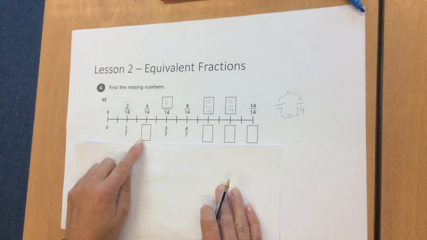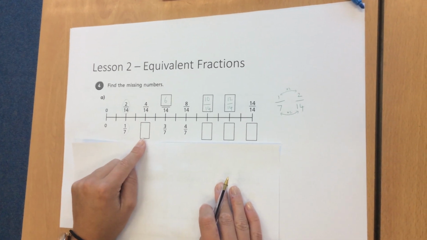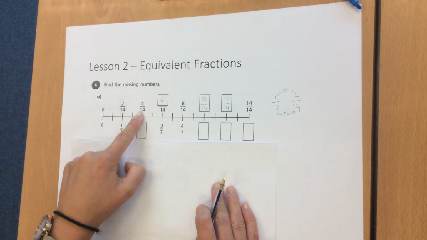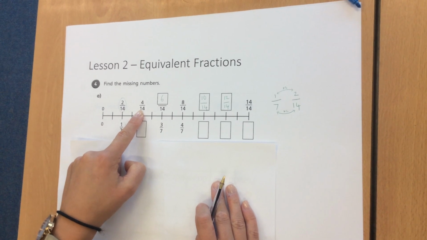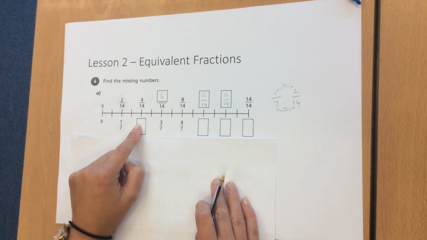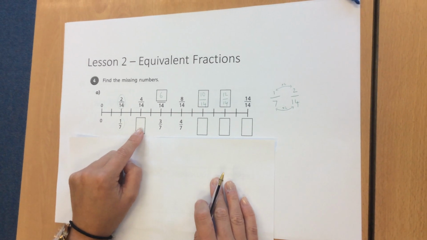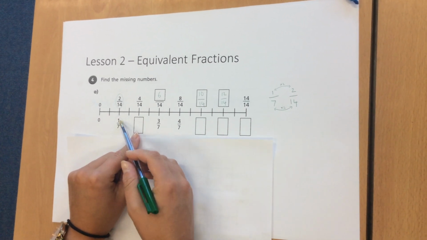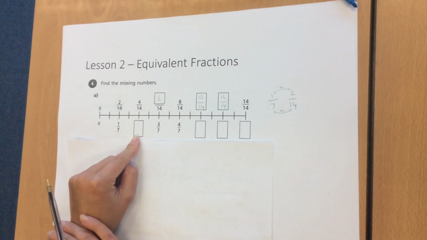So let's have a look over here. Now, we've got 1/7 is 2/14. We've got 4/14 here. So what am I going to need to do down here to work out what's going on in this little section? We've got 1/7, 3/7, 4/7.